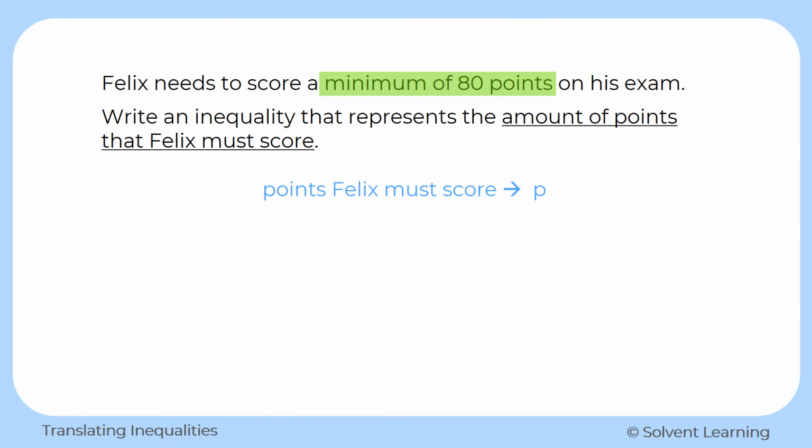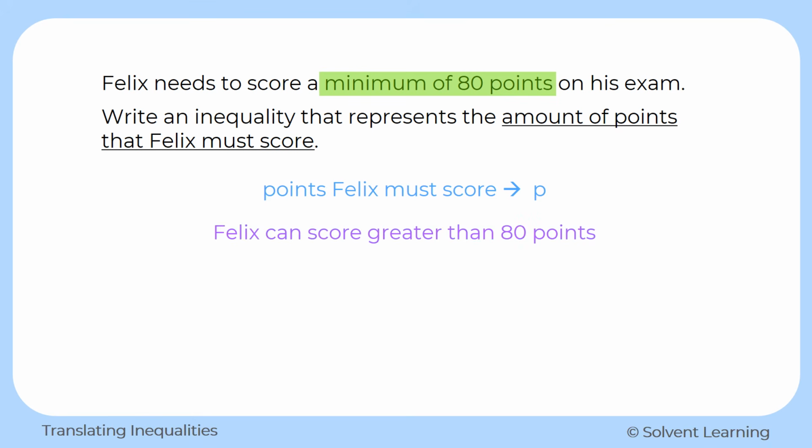So now we ask ourselves, does he have to have more than 80 points or less than 80 points? Well, if it says minimum, then that means he really needs to go higher than that. Definitely not less than 80 points. If he scores less than 80 points, then that doesn't meet this requirement.